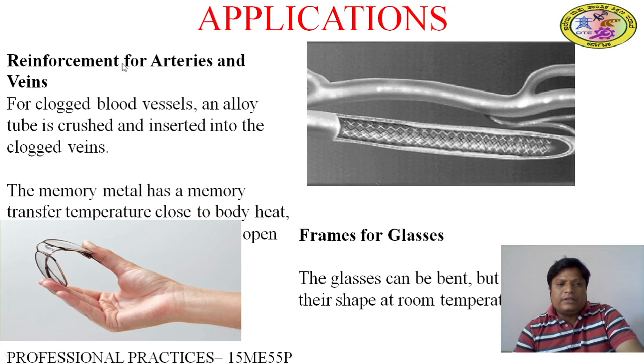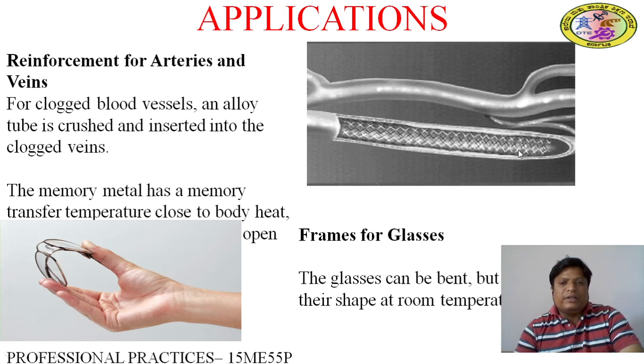Another application is reinforcement for arteries and veins. For clogged blood vessels, an alloy tube is crushed and inserted into the clogged veins. We already showed this animation in a previous slide.